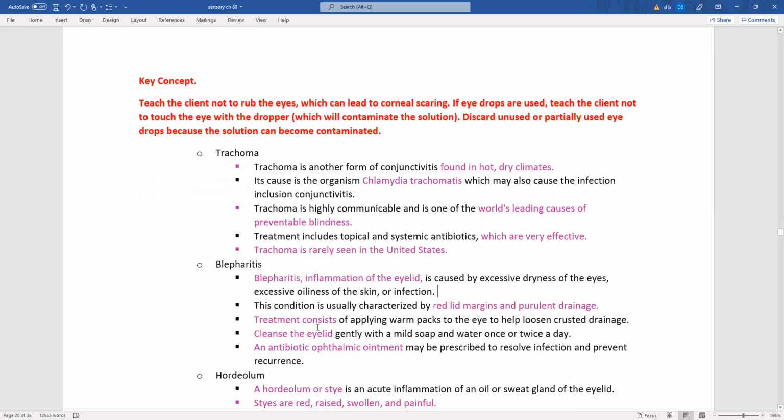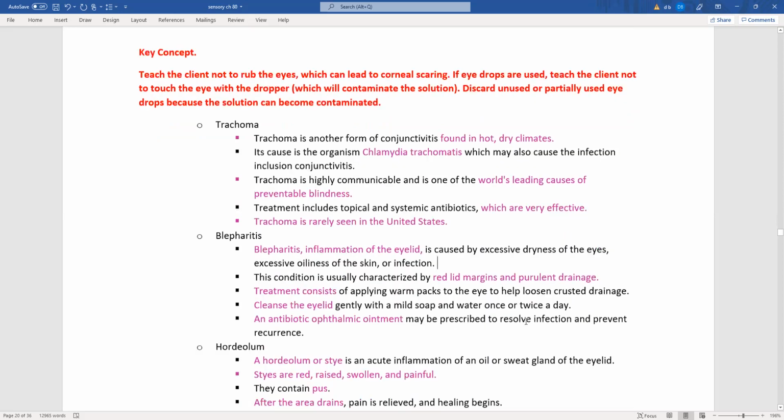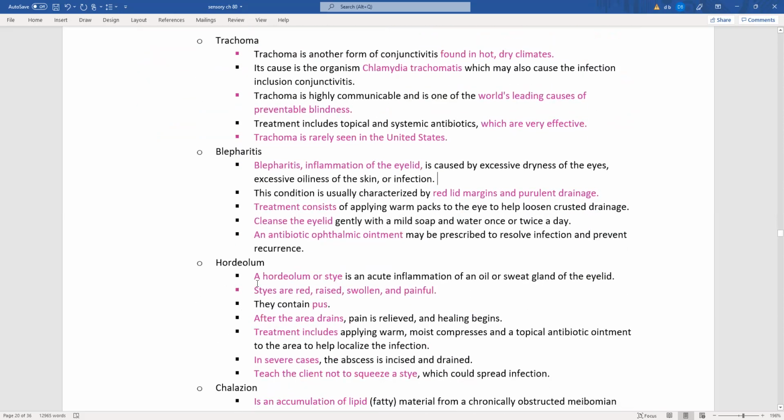Treatment consists of applying warm packs to the eye to help loosen crusted drainage. That's what you're going to do as a nurse. Cleanse the eyelid gently with a mild soap and water once or twice a day. An antibiotic ophthalmic ointment may be prescribed to resolve infections and prevent recurrence.